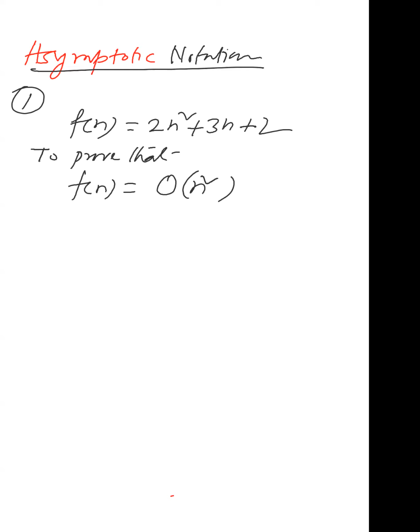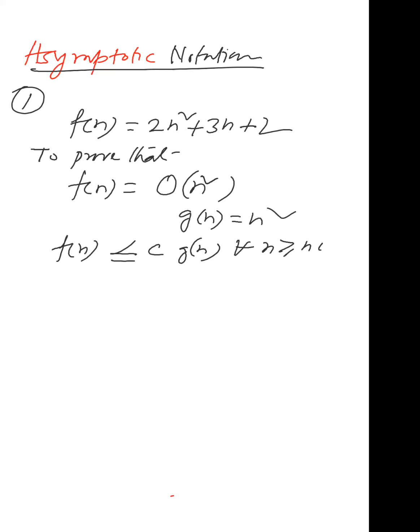So what do you do in order to find that? f(n) is said to be big O of g(n). Here clearly g(n) is equal to n square, no problem. But we have to satisfy the inequality, that is, f(n) is less than or equal to c times g(n) for all n greater than or equal to n0, where n0 is a positive constant and c is also a positive constant.